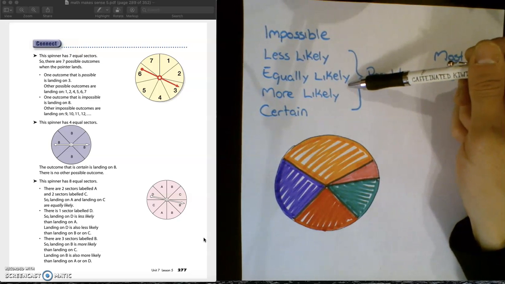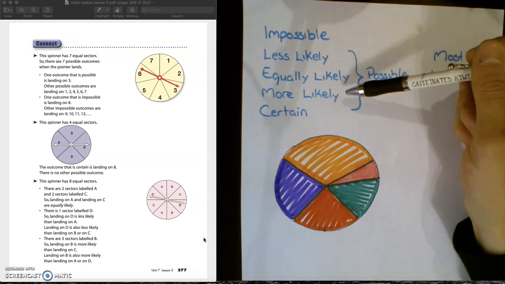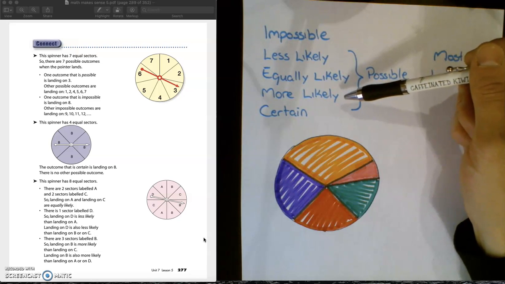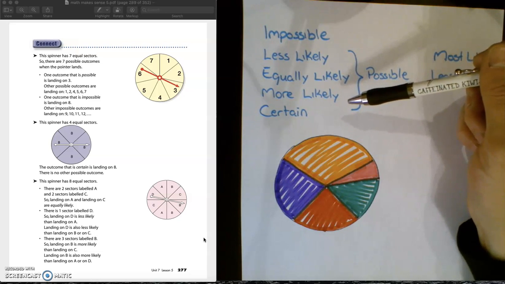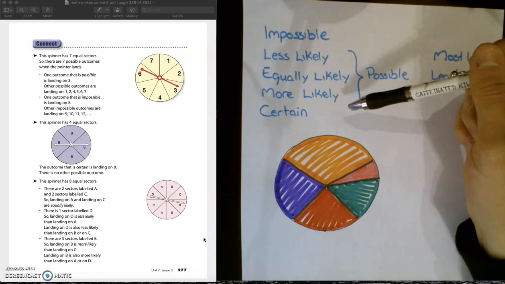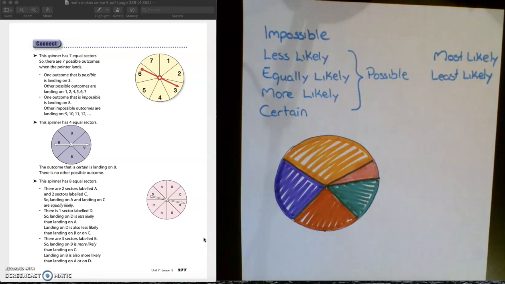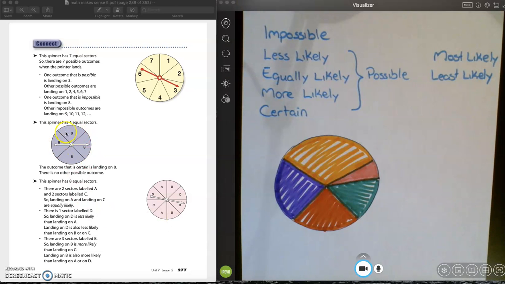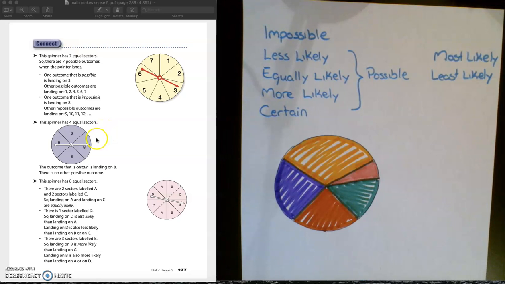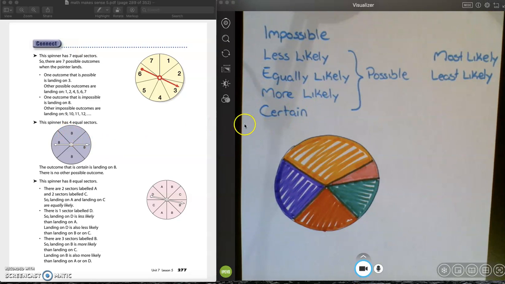Equally likely means I have the same chance. So the spaces are going to have to be the same size, or I'm going to have the same number of numbers, right? If you're looking over here, I am equally likely to get an 8 as I am to get an 8 because they're all 8s, which actually means I am certain to get an 8 because that's the only option on the board.